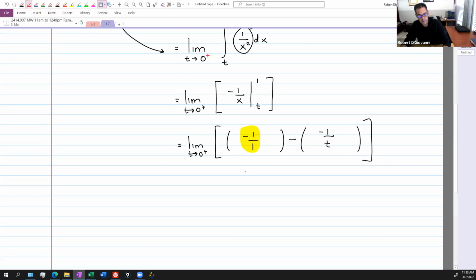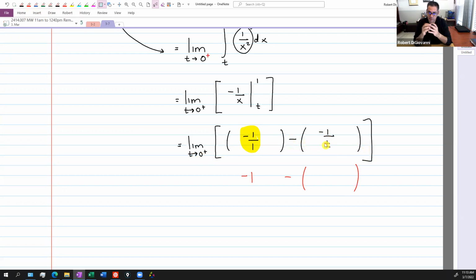This is negative 1, minus. Now what happens here? If we let t go to 0 from the right, then I have negative 1 over a number that's getting really small and positive, right? That should become what?